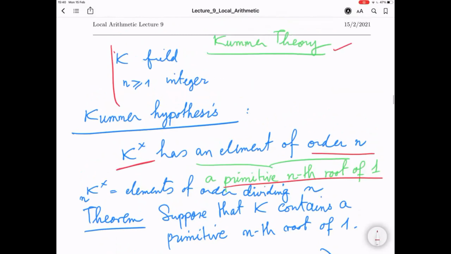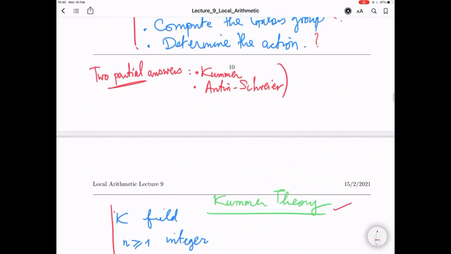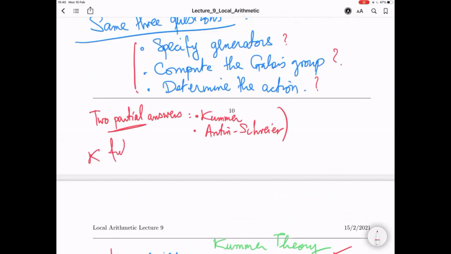As I said, these are all partial answers. There's no answer in complete generality. So what you are given is a field K, an integer n. Partial means in some cases.